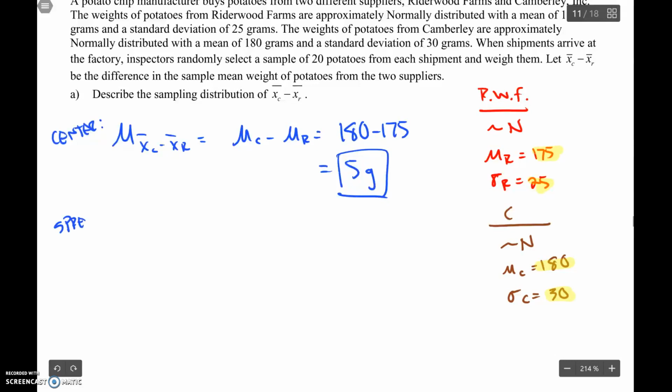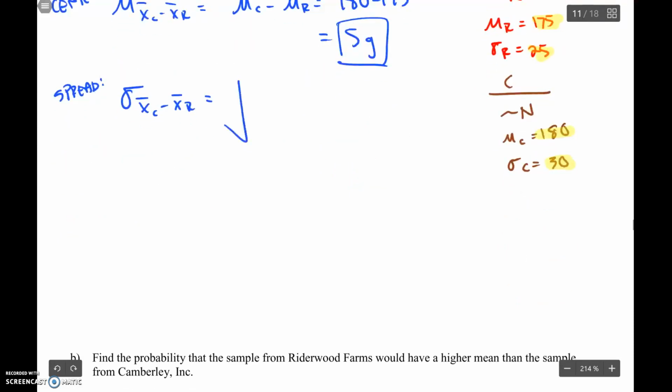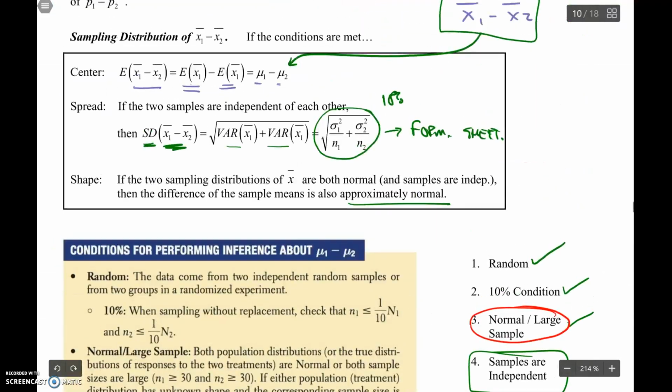Spread. The standard deviation of the difference in my sample means, use the formula. Let's go back up here and check this out. It's the square root of the standard deviation squared over the sample size plus the standard deviation squared over the sample size.